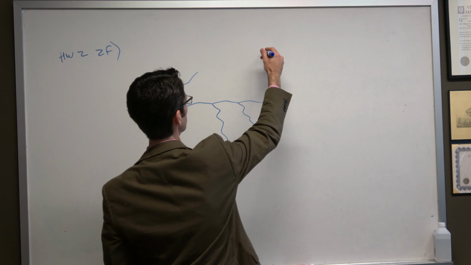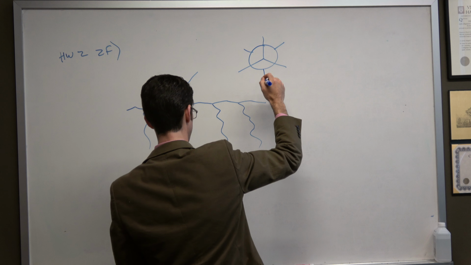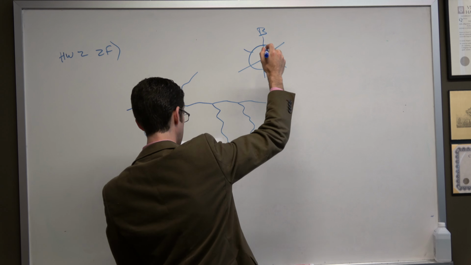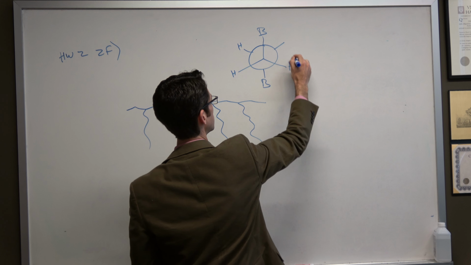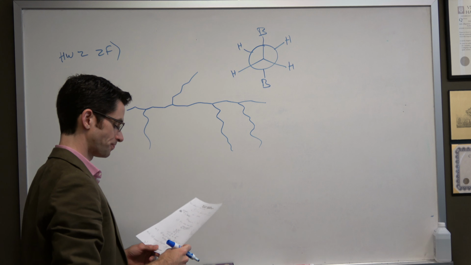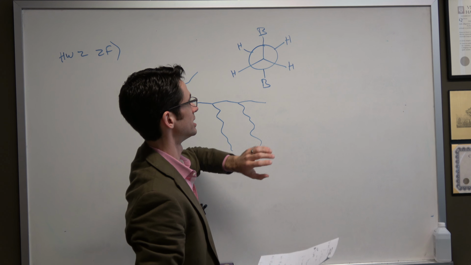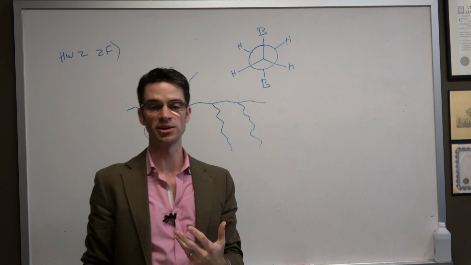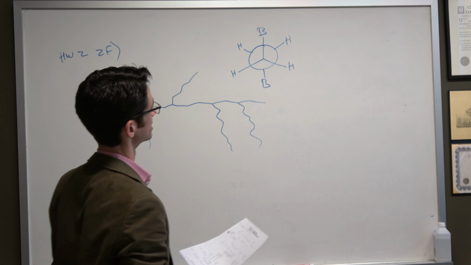So if we look at the Newman projections for an unsubstituted chain, so no branching, we have our peace symbol, and B stands for backbone. So this is the backbone of the material. And this is the thermodynamically lowest energy state, because the backbones, which are bulky, are as far away from each other as they are possible to be.